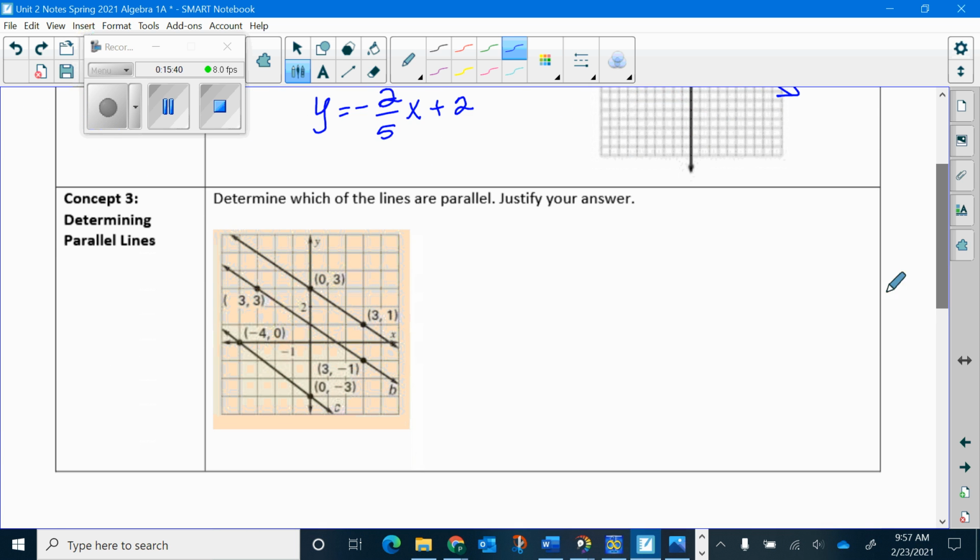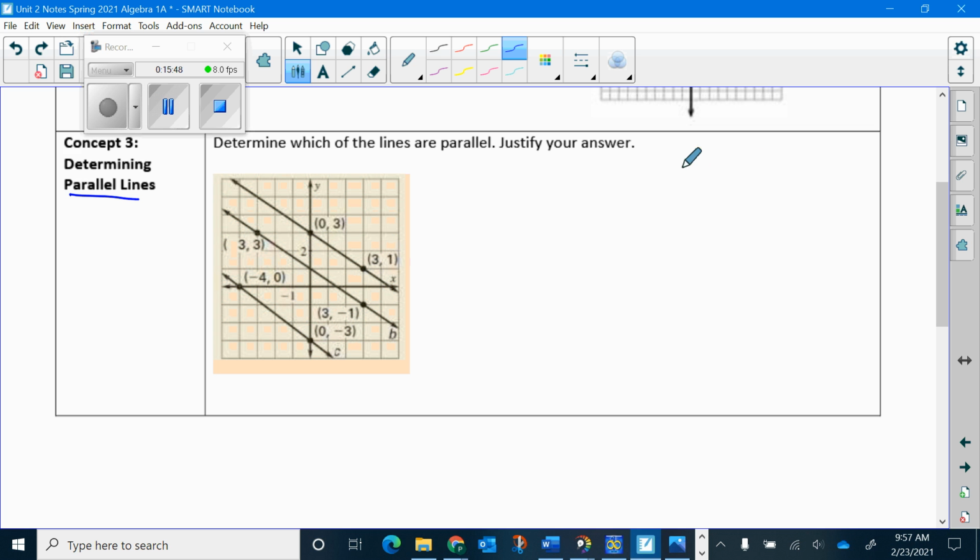And the last one that we have on here is talking about parallel lines. Now, when you talk about parallel lines, they never touch, right? So parallel lines never touch, meaning they have no solution. When I talk about two lines that are intersecting, that would be one solution.